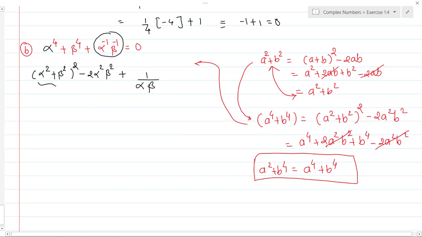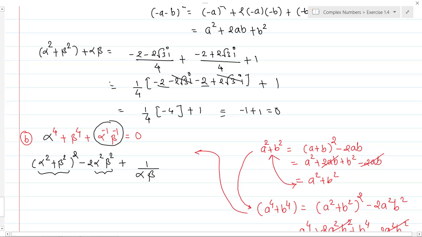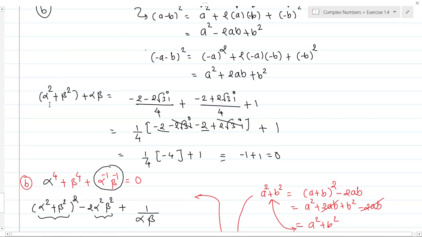What is the value of alpha square plus beta square? What is alpha into beta? Because we have just now calculated it in the first part. See here, what value of alpha square plus beta square did you get? See, alpha square plus beta square is nothing but minus 1.